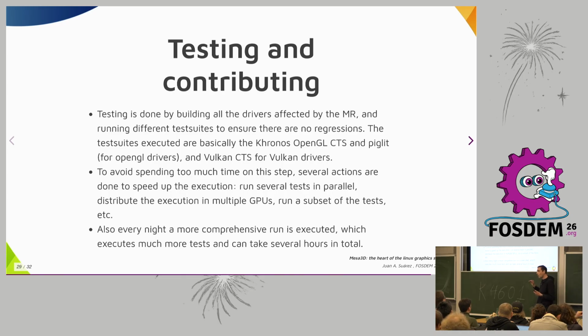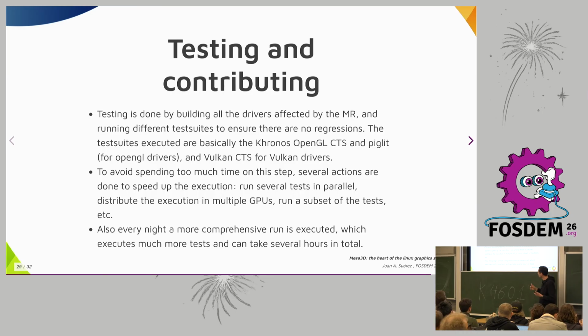And we don't want to wait a lot of hours until something is merged. So we do a lot of different things to make it work faster. For instance, instead of running one test at a time, like Vulkan CTS does, if your GPU has 4 cores, we run 4 tests in parallel, which makes things faster.